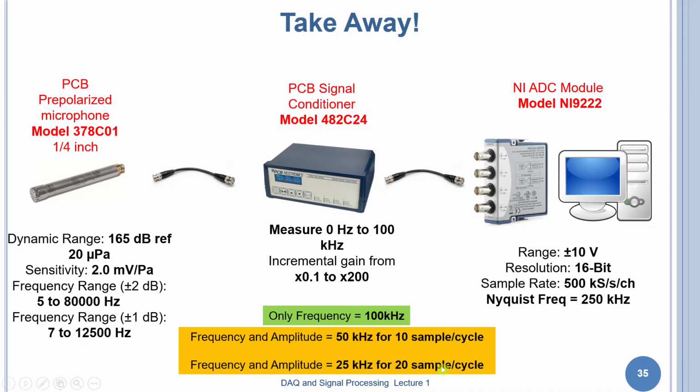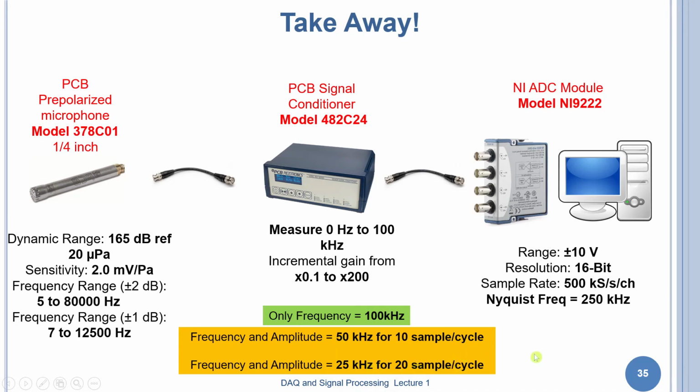So if I take 10 samples per cycle, I can measure up to 50 kilohertz. If I go for 20 samples per cycle, I can measure signals of the order of 25 kilohertz.